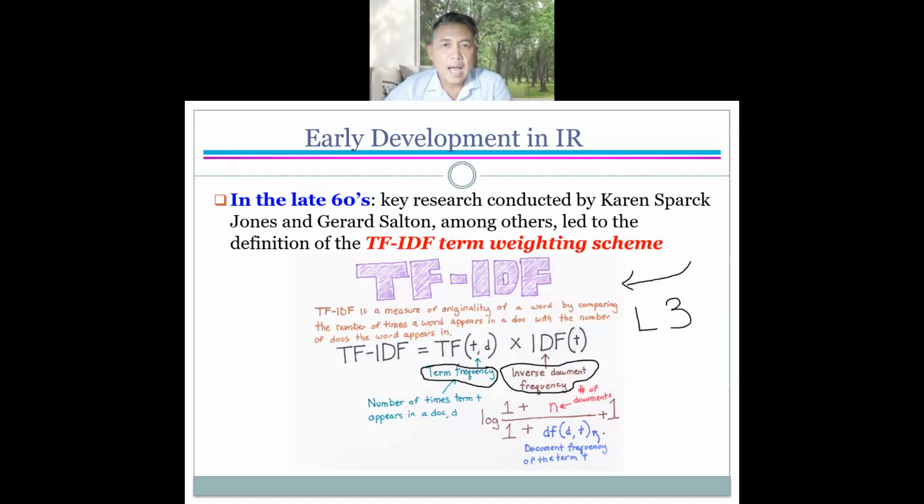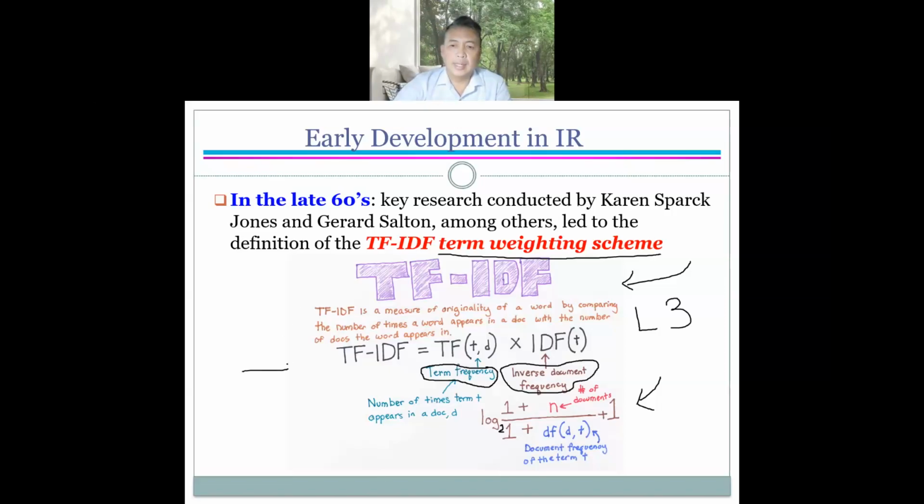This is how we use the term weighting scheme to represent the document. This is the formula. In information retrieval, all the logs will be based on log base 2.